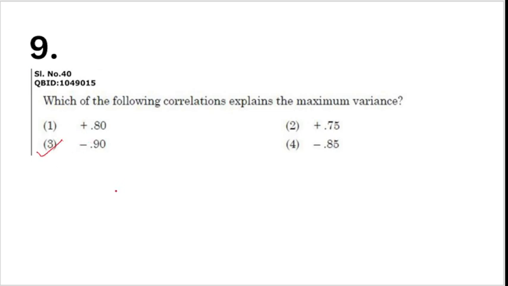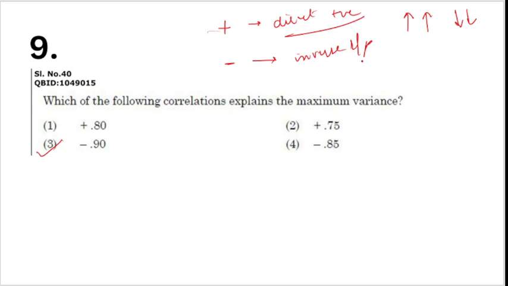Plus minus sign does not really matter. Plus suggests a direct or positive relationship, which means if one variable increases, the other also increases; if one decreases, the other also decreases. Negative tells us there is an inverse relationship, which means if one variable increases, the other decreases. Simple. So -0.90 is the correct answer here. It is explaining the maximum variance.